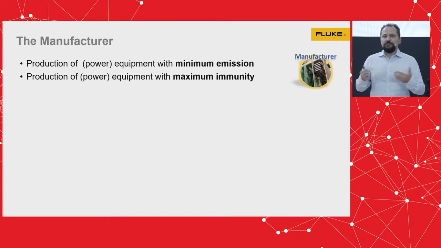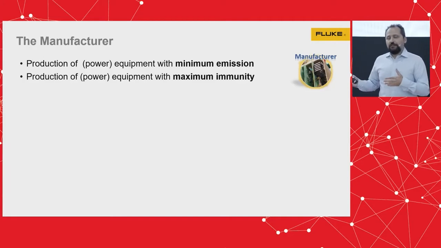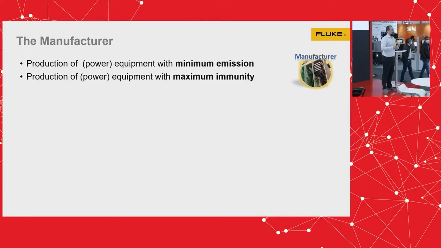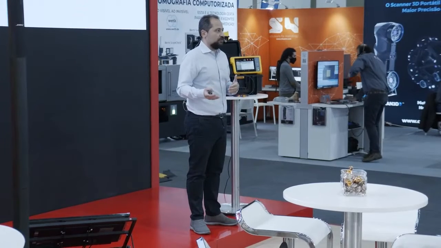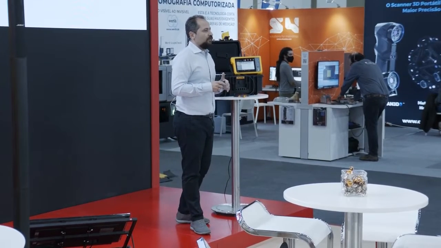So if there is a slight drop in the voltage signal, the equipment would need to keep working, should not break down or create potentially unsafe situations for the end user. Okay, so there is this need for certain immunity from the equipment as well.